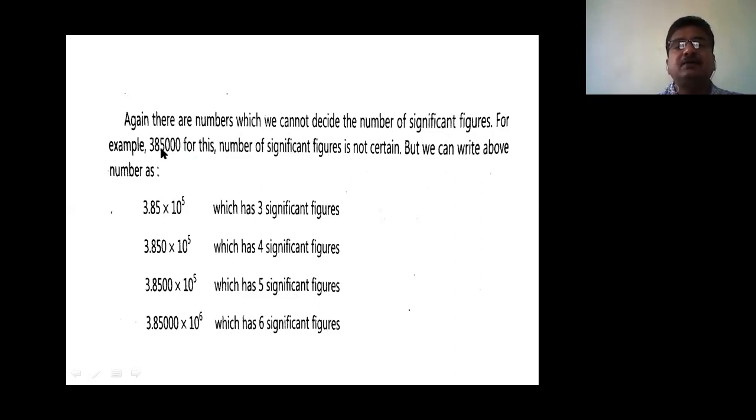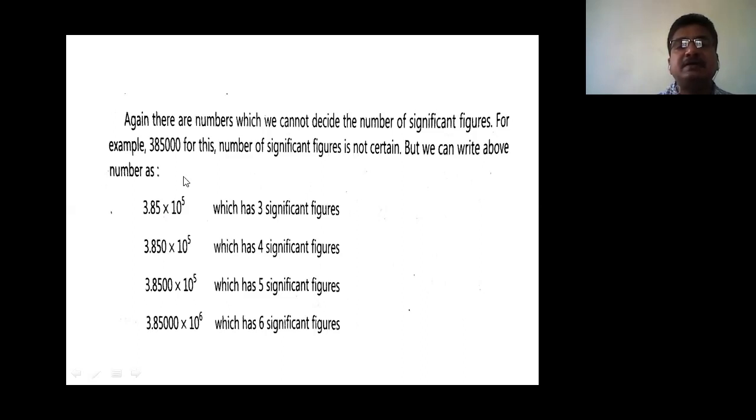Okay, or we can write this number as 3.850 into 10 raised to 5. Okay, that's why these significant digits are what? If we write this number in this form, then significant figures are 3. So this number has 3 significant figures.